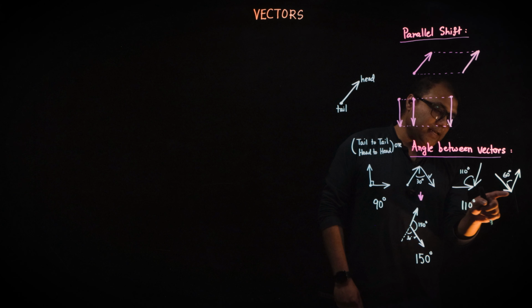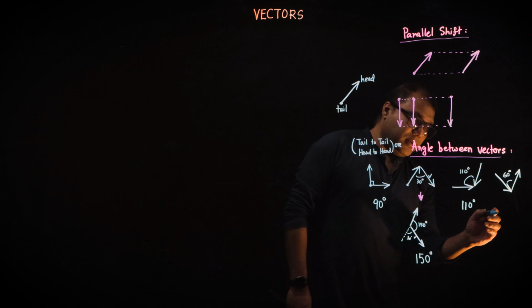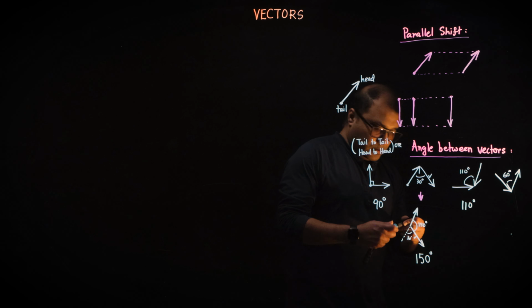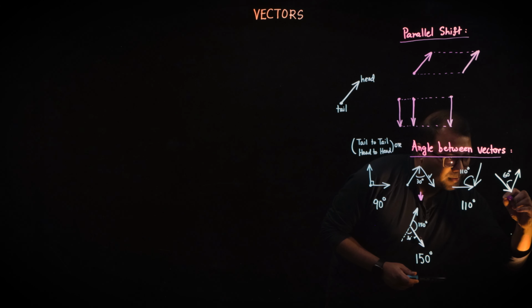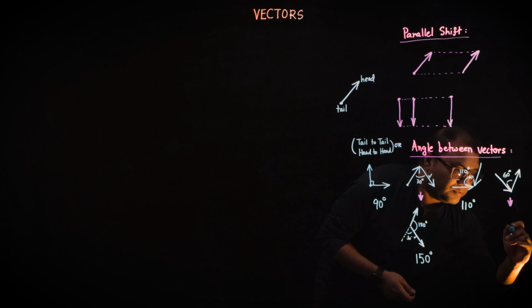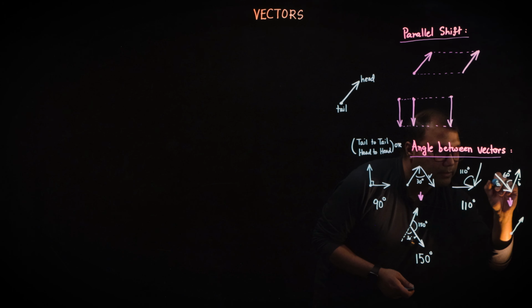How about this one? Again, I see head is connected to tail. So this time, let's keep this vector as is. This is the parallel shift I will do. Let's call this B vector and let's call this A vector.